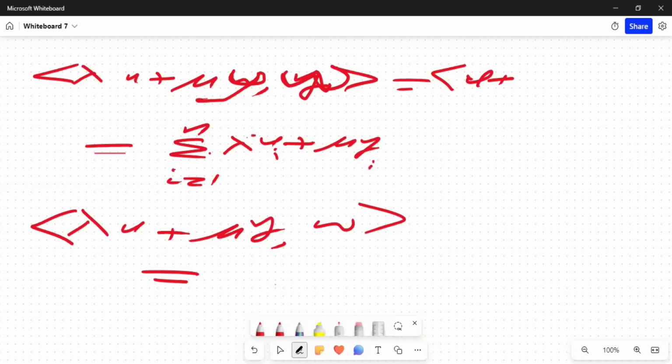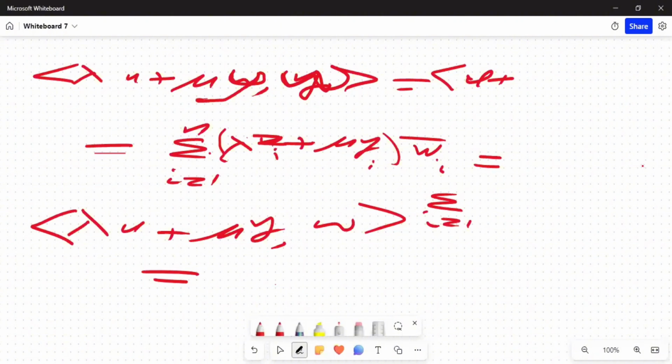This one will be z, if you like. So, lambda zi plus mu yi, all of these times wi conjugate, right? So if you express this further, what do you have? You can open this bracket now, right?